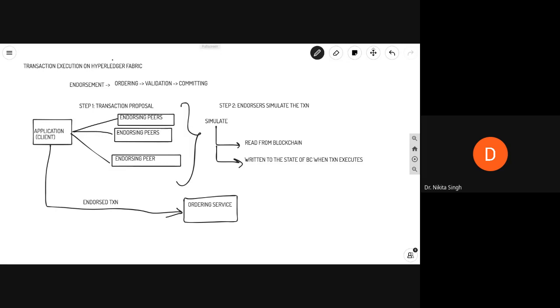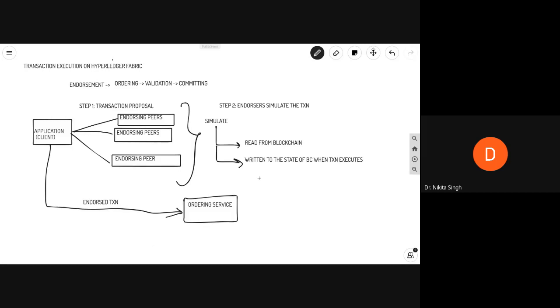Now the ordering service takes the endorsed transactions and delivers the block to all the committing peers. So all the transactions received by the orderer, it will compile them into a block and send them to the committing peer.